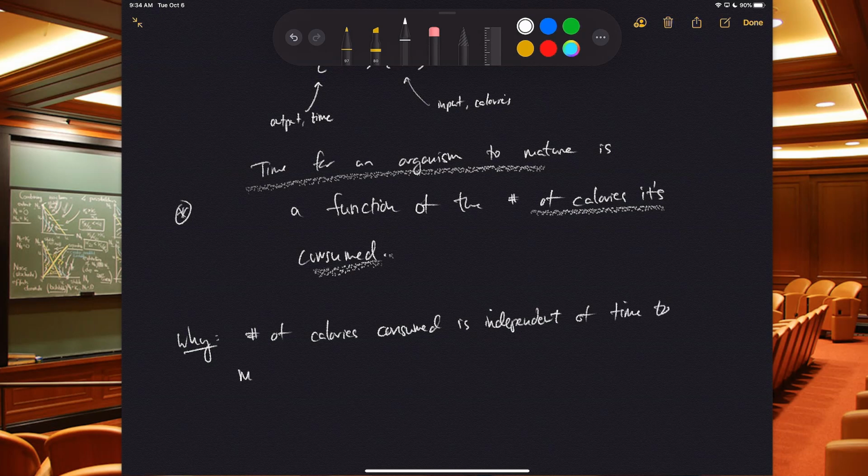And the time to mature and grow certainly depends on nutrition, as we'd know from biology.